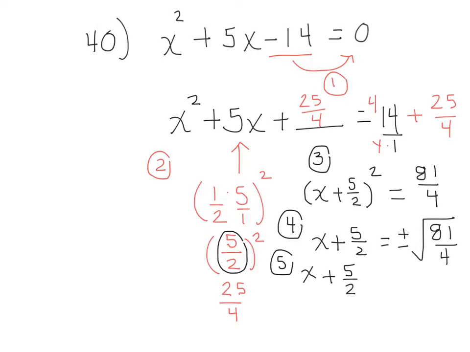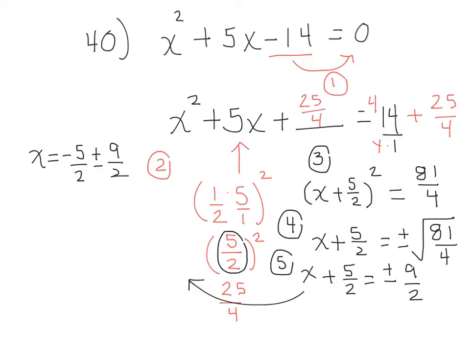The square root of 81 over 4, square root of 81 is 9, square root of 4 is 2, so the radical goes away. When I subtract 5/2 from both sides, I'll have x equals negative 5/2 plus or minus 9/2.